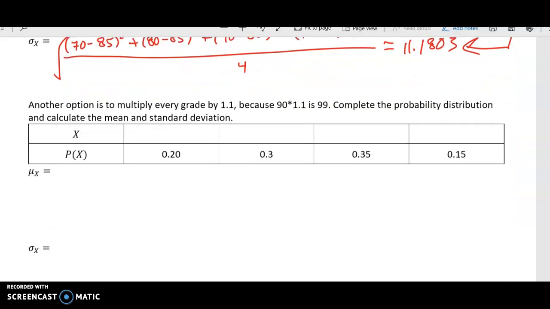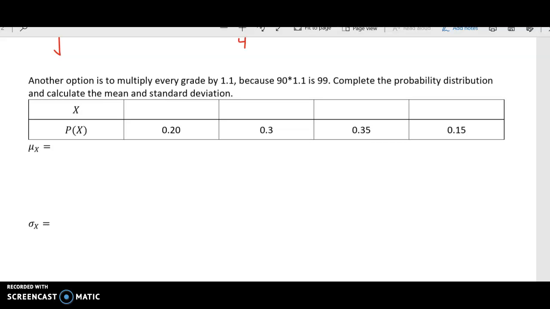Another option is to multiply every grade by 1.1, because 90 times 1.1 is 99, and I guess that's close enough to 100. So what's 60 times 1.1? 70 times 1.1. 80 times 1.1, and 90 times 1.1.